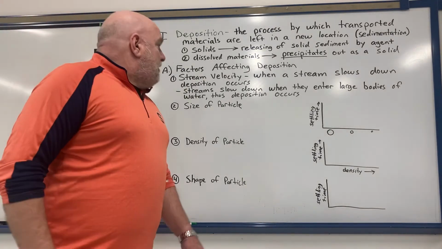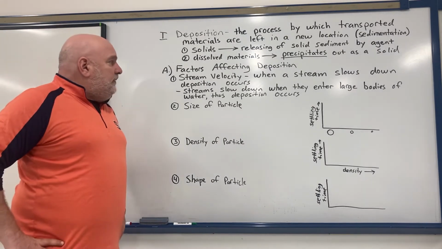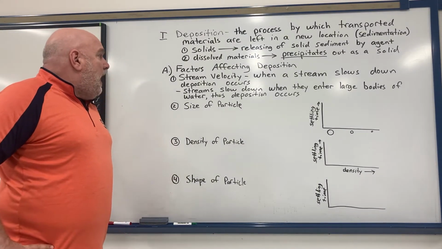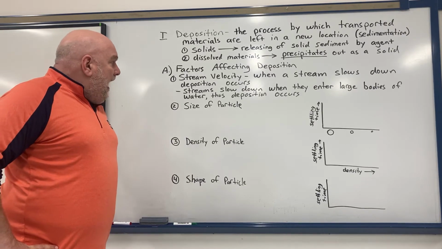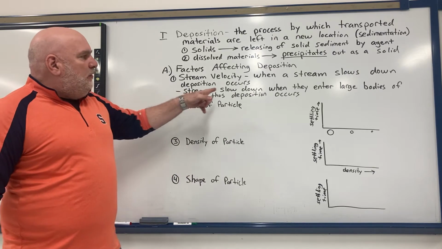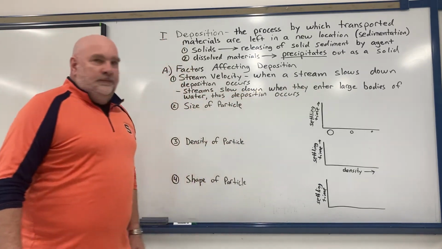All right, now, where do streams slow down? When streams slow down, they start depositing material. Well, one of the main places they slow down is when they enter large bodies of water, right?